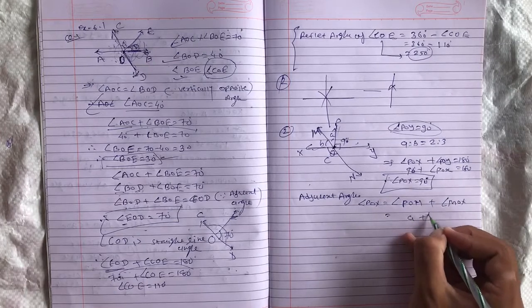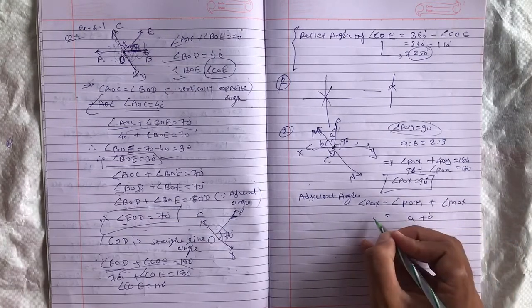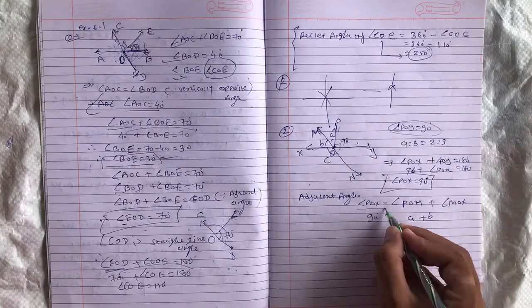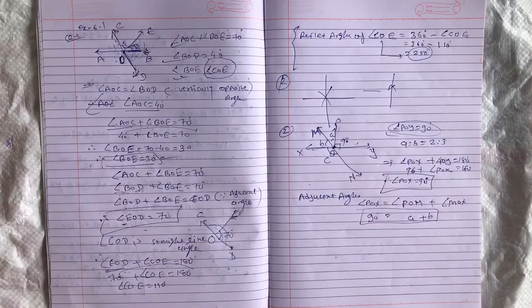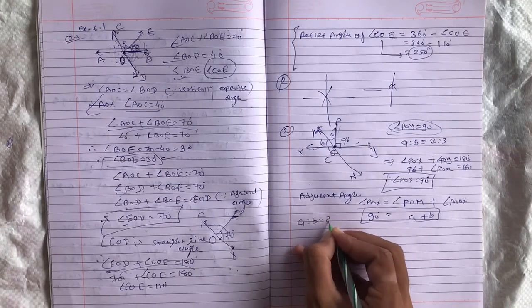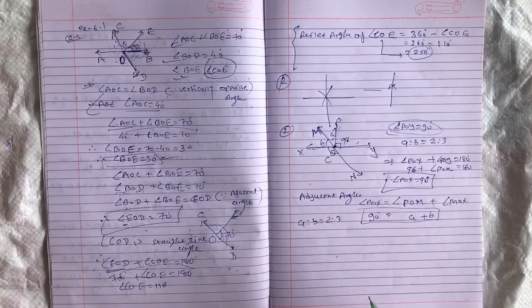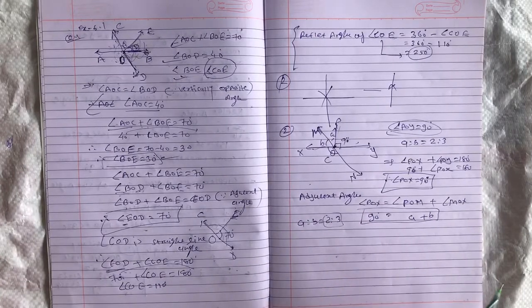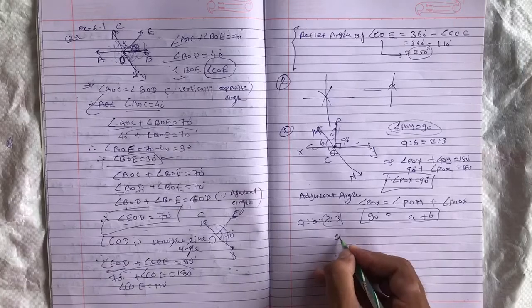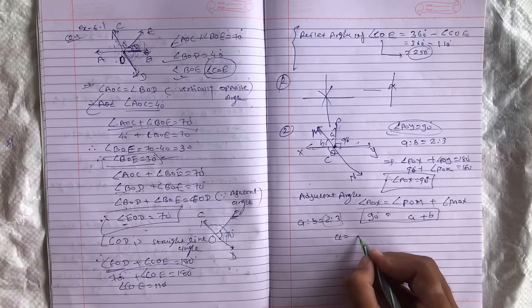It means both values A plus B is equal to 90 degrees. So one equation can be created by using this term, A ratio B is equal to 2 ratio 3. Now the addition of this means 3 plus 2, 5.